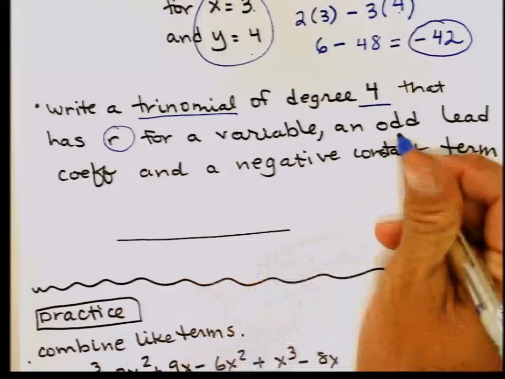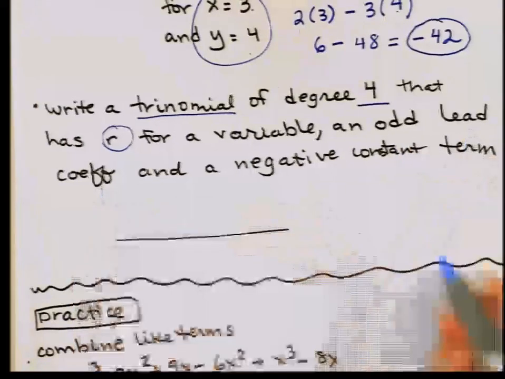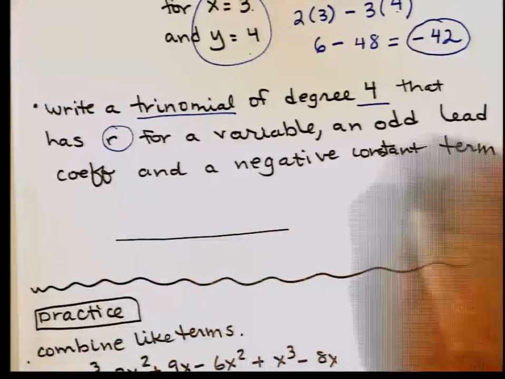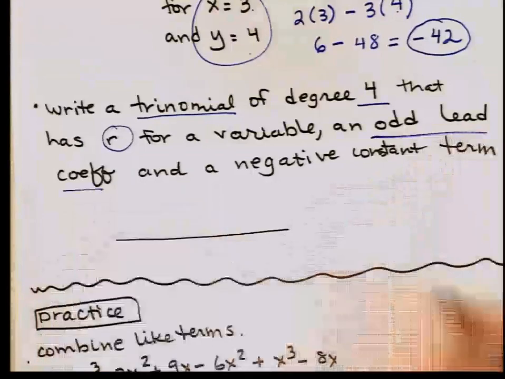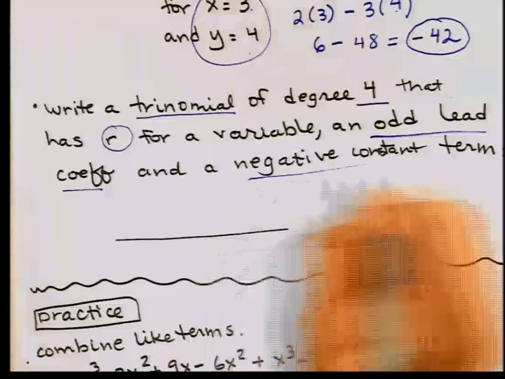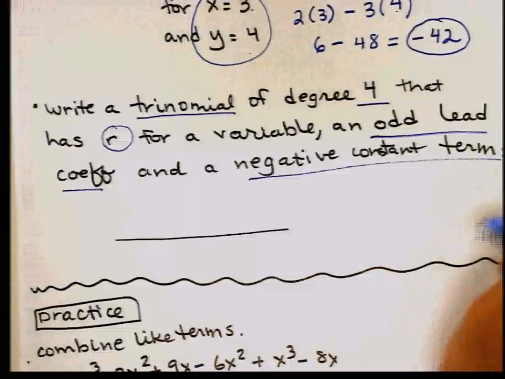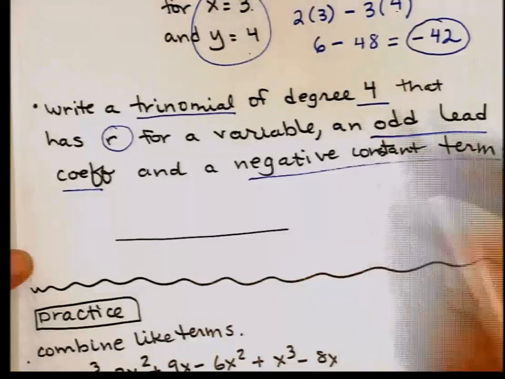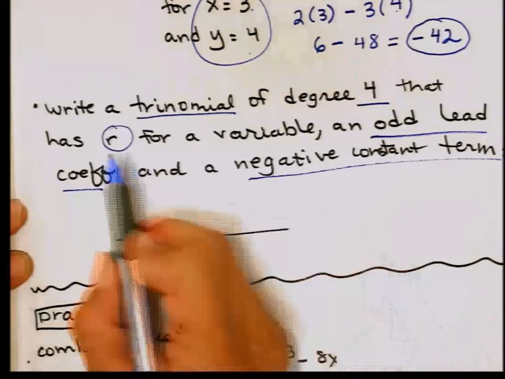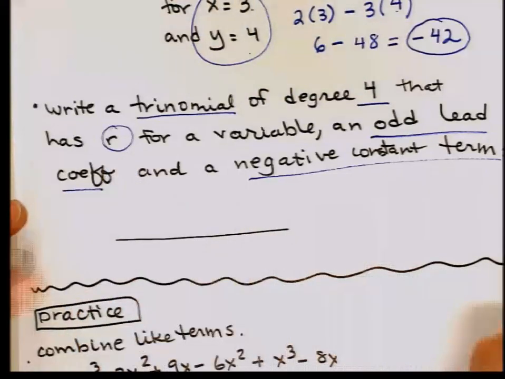an odd leading coefficient, and a negative constant term. Oh my gosh, so trinomial, so 3 terms. Degree 4, the highest power of r has to be 4.